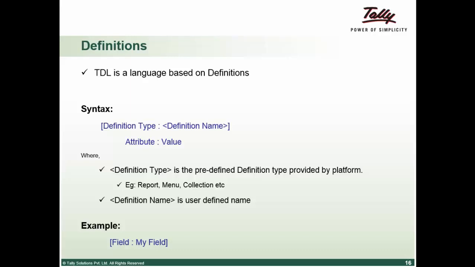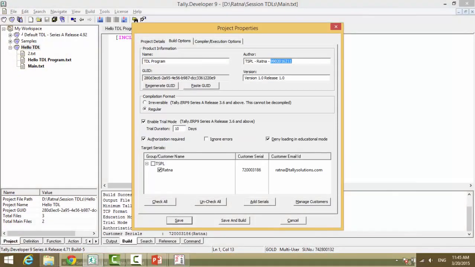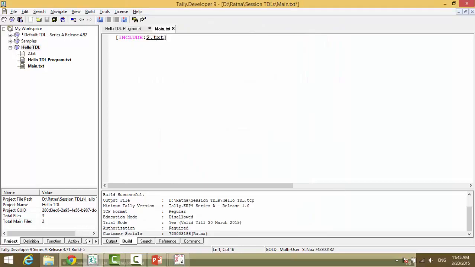As we could see, we have the collection, menu, report, form, parts, line, field, button, table. All this is predefined. And how did we know all this? Very simple. Here we can do square bracket, control space bar, and this is a list of definition types that we have in our default, right?